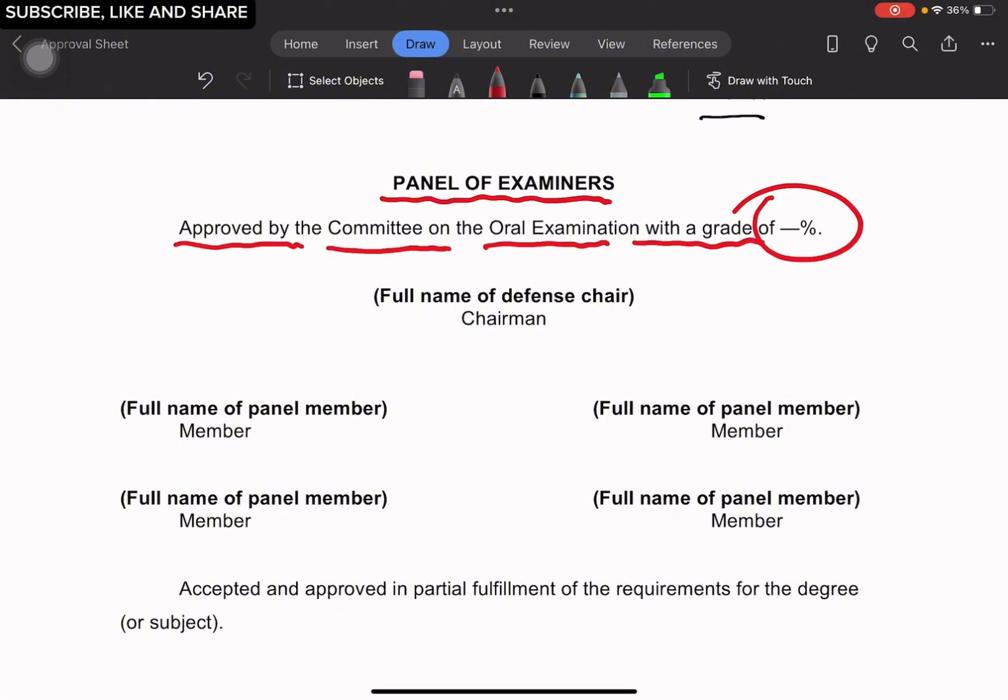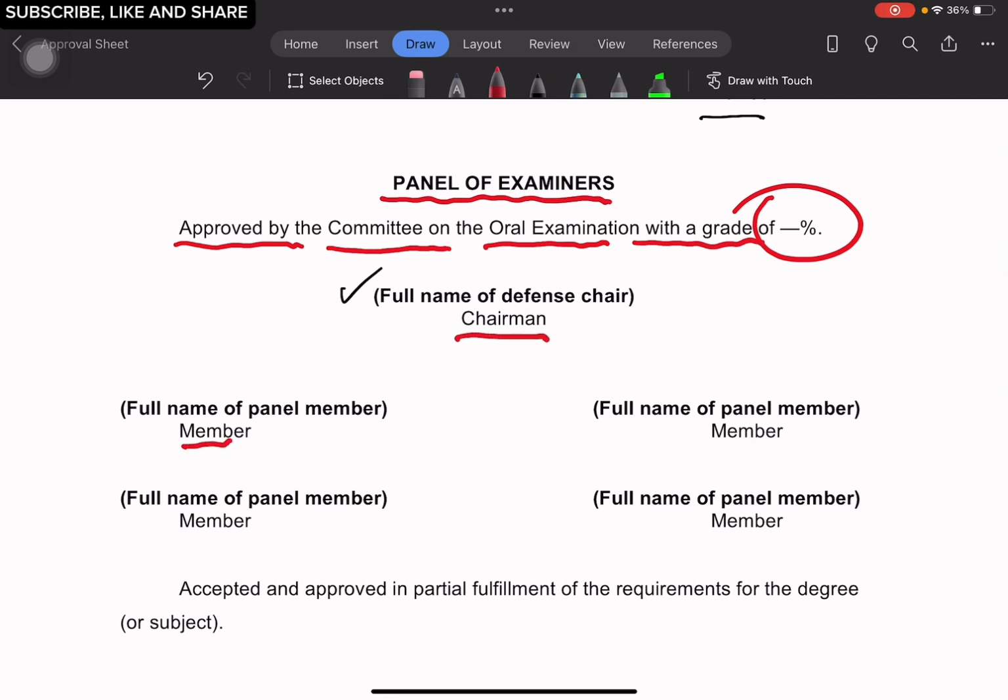And then the full name of the defense chair is a variable depending on the name of the person who will be heading the defense. And then the title is constant, chairman. Okay, let's use red for the constant code.